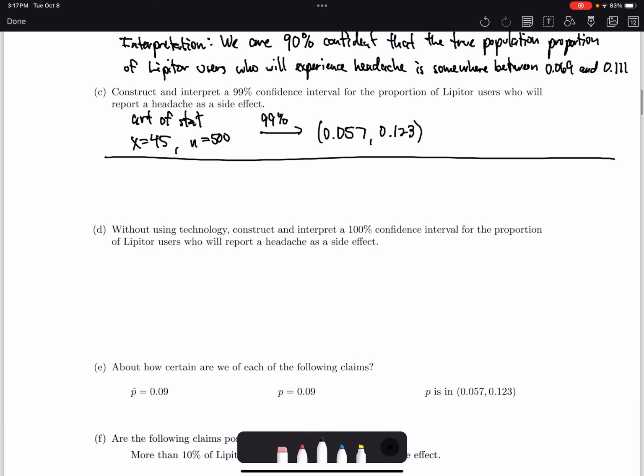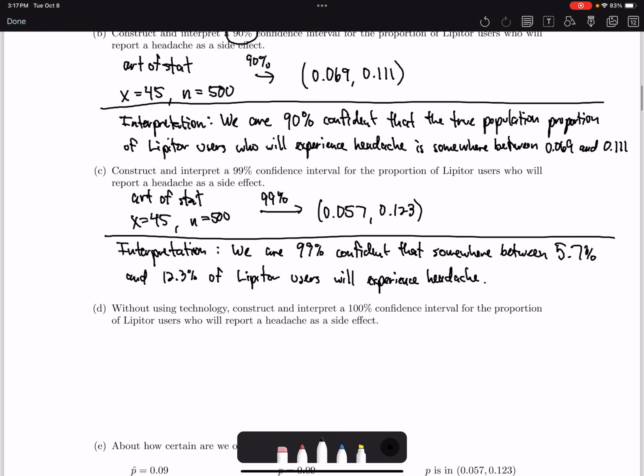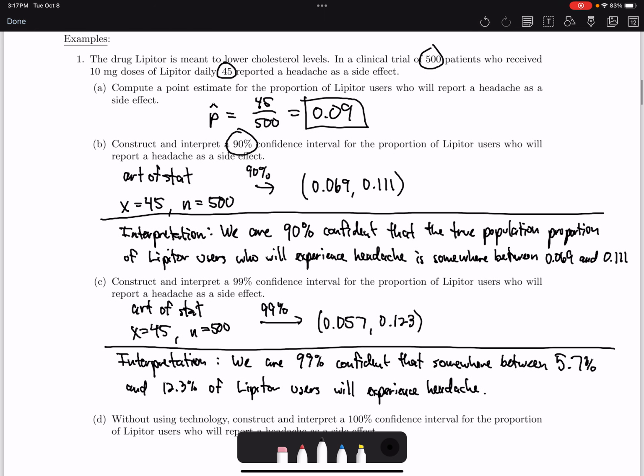Now, a couple things that I think are worth pointing out. Notice that our sample proportion was 0.09. That was our point estimate for the true population proportion of Lipitor users who would experience a headache as a side effect.